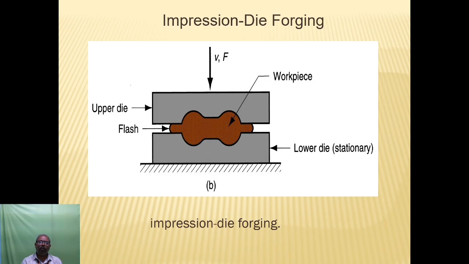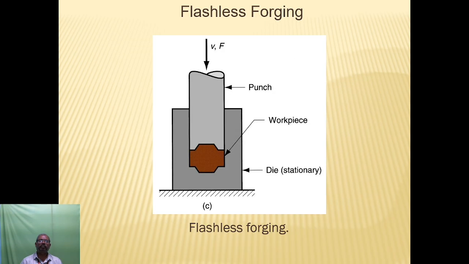The workpiece is kept in between the lower die and upper die. When you apply force using the upper die, the impression will be created. The excess material we get as flash. This is impression die forging. The flash can then be removed using a machining process.